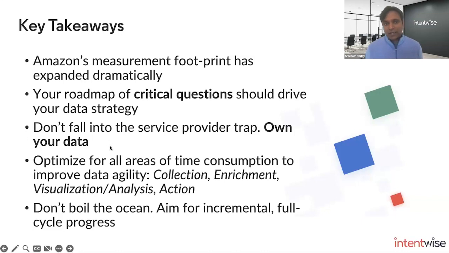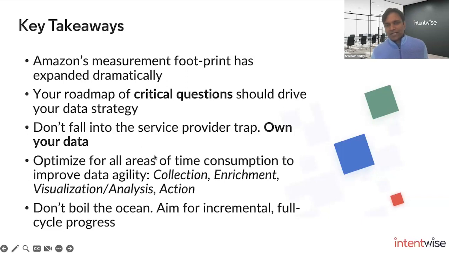And as part of that, it is super important that you're on a path to own all your data, without which getting to those answers will be difficult. I call it the service provider trap: look at all your service providers today and make sure that if you decide to not work with somebody, they're not walking away with data. Own your data.